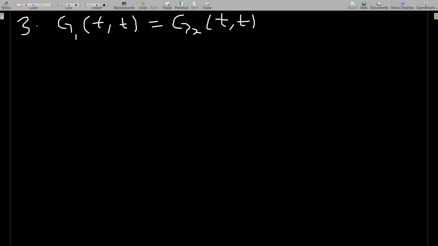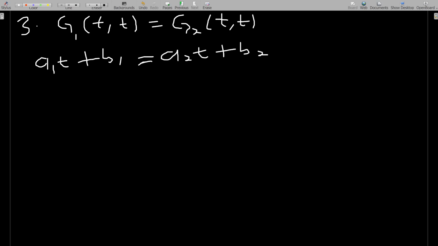And we know g1 and g2. So g1 is a1 x plus b1, so wherever I see x, I put t there. So I have a1 t plus b1 should be equal to a2. The g2 is just a2 x plus b2, and wherever I see x in that, I put t. So I have a2 t plus b2.